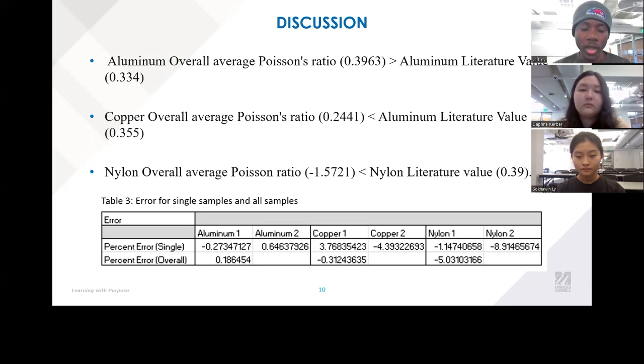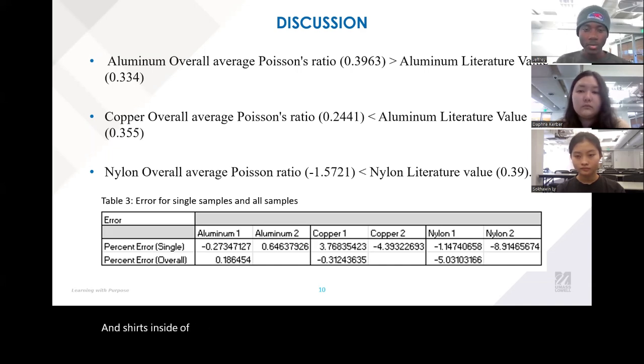But before proceeding, we have to define what literature value is. Literature value refers to a widely accepted characteristic of a material. These values are useful for verifying the experimental result and ensuring accuracy in scientific and engineering applications.